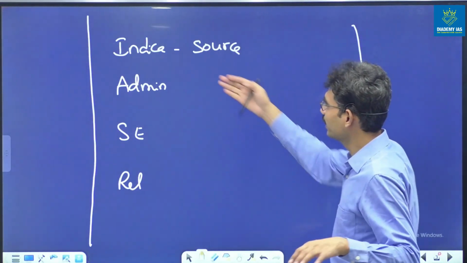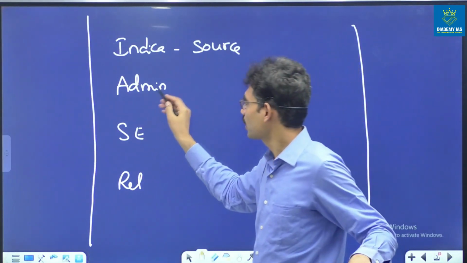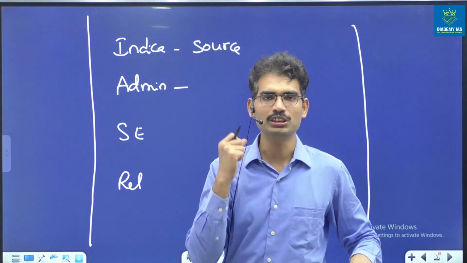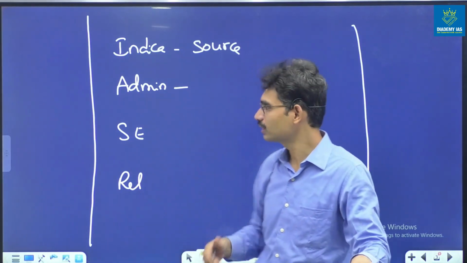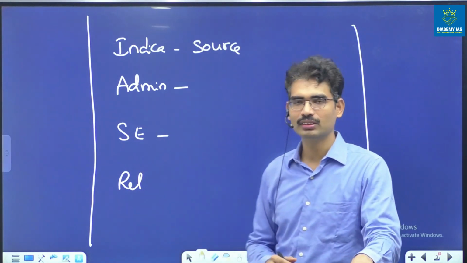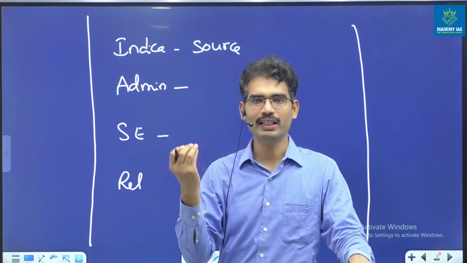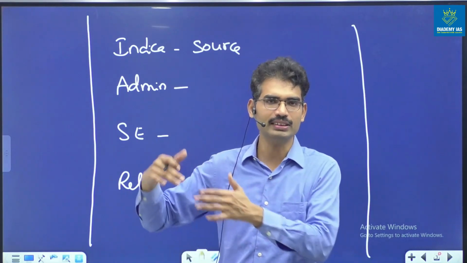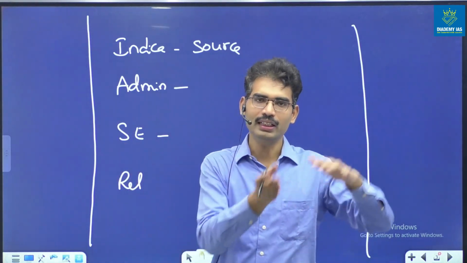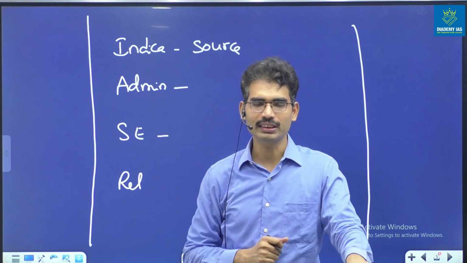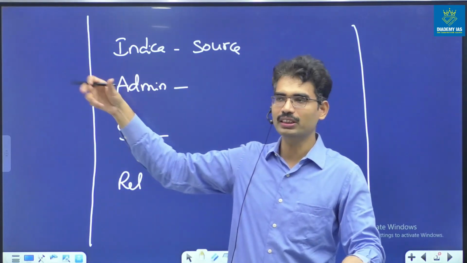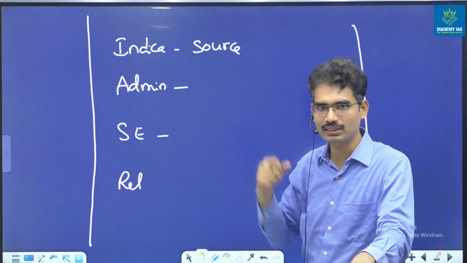When it comes to Indica, Indica talks about administration. The best example is that it talks about Pataliputra municipal administration, to explain that. Then socio-economic condition: according to Indica, Megasthenes observed that Indian society was divided into 7 segments. That is his observation. Indian literature talks about 4 varnas, but according to him, Indian society was divided into 7 layers.